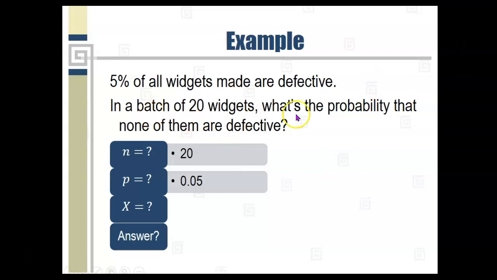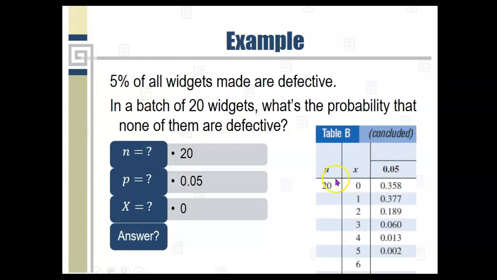And the x in this question, how many out of the 20 are we talking about being defective? Well, none of them, 0 of them. So x would be 0. So in a situation where n is 20 and p is 0.05 and x is 0, what's the answer? Well, according to the table, that would be 0.358.